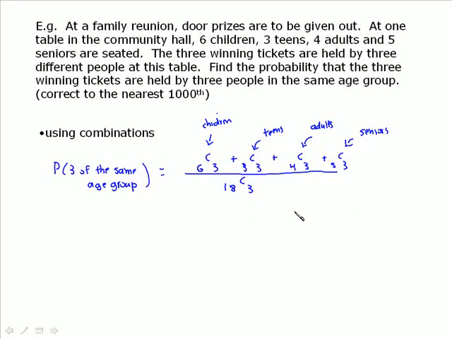Now if you're going to do this on your calculator, make sure that you press enter once you're through on your numerator. And then divide by 18 choose 3, because otherwise your calculator, I know you know this, will just divide out the last 2.